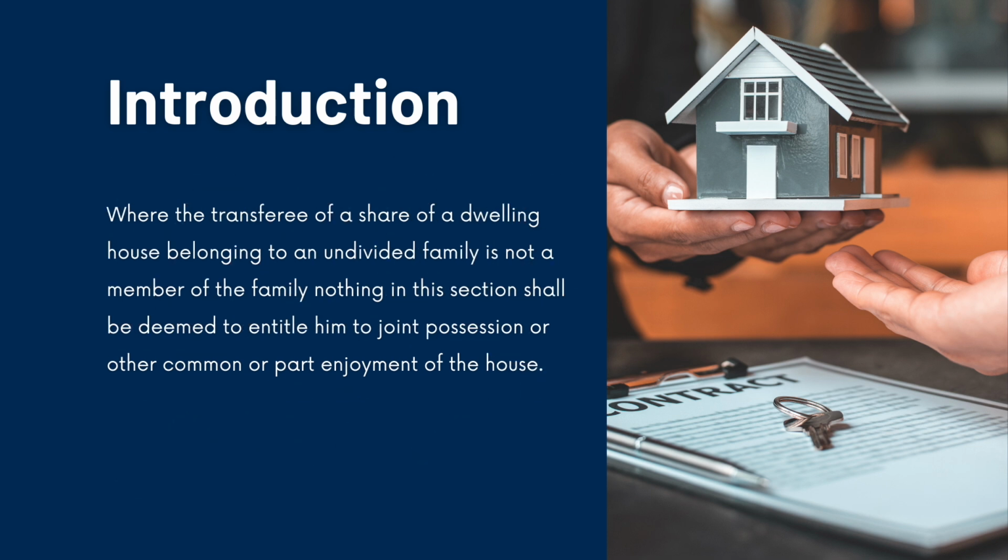Where the transferee of a share of a dwelling house belonging to an undivided family is not a member of the family, nothing in this section shall be deemed to entitle him to joint possession or other common or part enjoyment of the house.